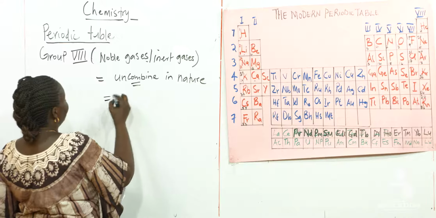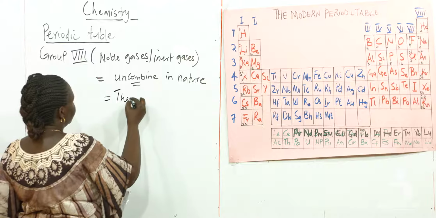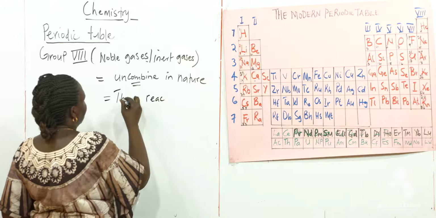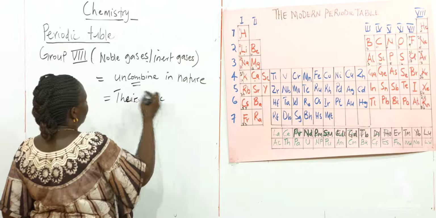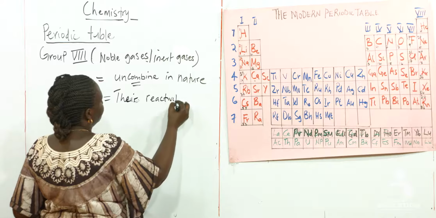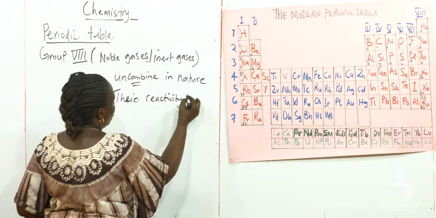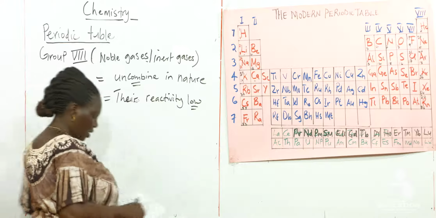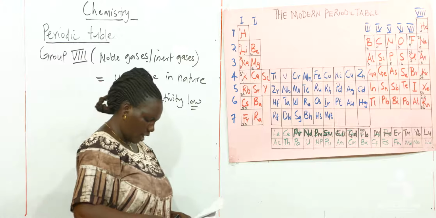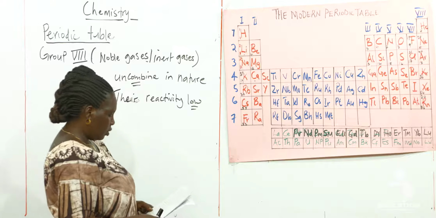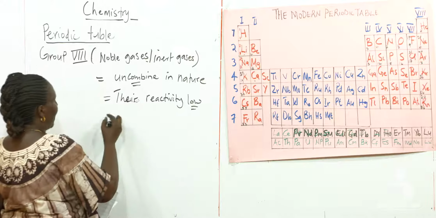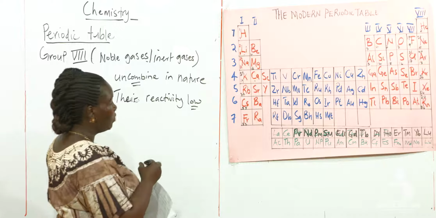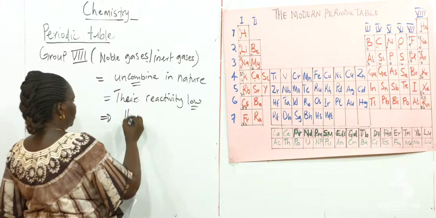Because their reactivity is low, under normal conditions they rarely combine with other elements. So the first member of group 8 is helium.